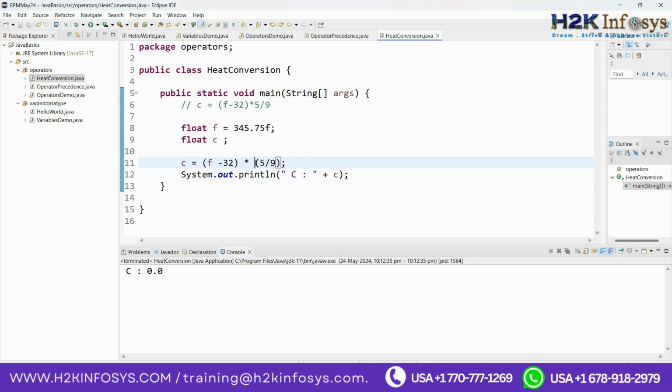In that case, we should not use parentheses for this part. Don't confuse. Because your intention is that the total value must be divided by 9, if you want, you could use it like this. No problem. You could use parentheses within parentheses also. Whenever you have parentheses within parentheses, the internal parentheses will be evaluated first. So F minus 32 into 5, then the total will be divided by 9.